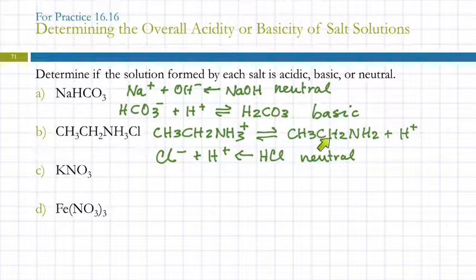So think of this as a cousin of ammonia. This is a base, that makes this the acid. And because this is a weak base, this is in equilibrium, and so this solution will be acidic. You don't need to know the name of that or anything.